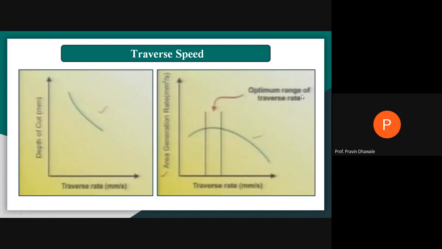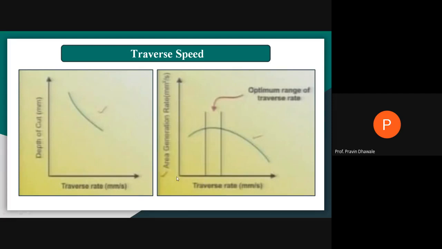Also there will be an optimum range of transfer rate, right? It will be shown by this diagram, and there will be an increase in area generation. Area generation rate increases, and it is shown on the y-axis.